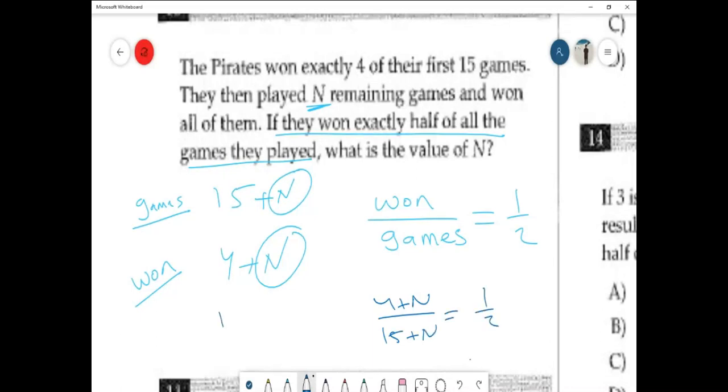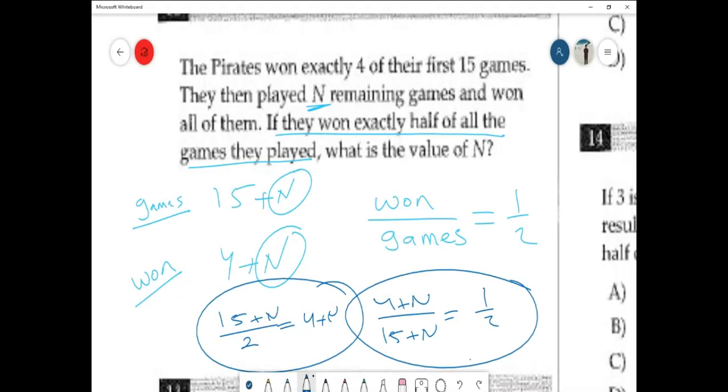What is the expression for games won? It is 4 plus n. 4 plus n divided by 15 plus n is equal to 1/2. Or you can say the number of games, 15 plus n, divided by 2, will give me the number of games won, so 4 plus n.